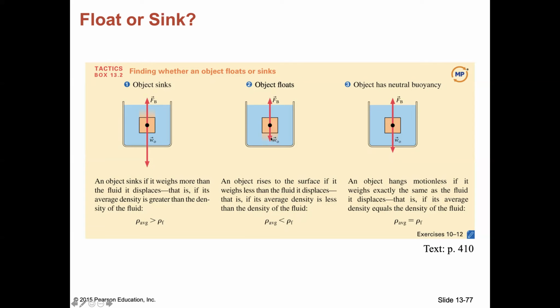If you put it submerged in the liquid or in the fluid, it will go up, so it floats. In the third case, if the densities are the same between your fluid and your object, it will stay in static equilibrium in the liquid because the net force is zero. They don't cancel, but they balance each other.